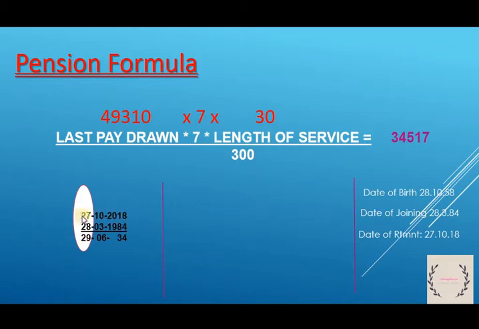So here we have, above we have the date of retirement, and below we have the date of joining. By subtracting, 8 minus 4, 4, 11 minus 3, 11 minus 8, 3.